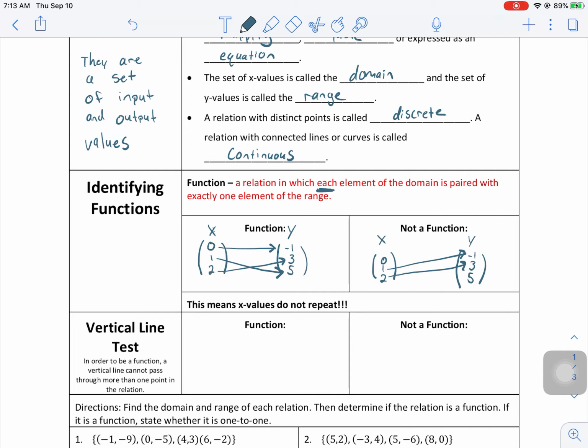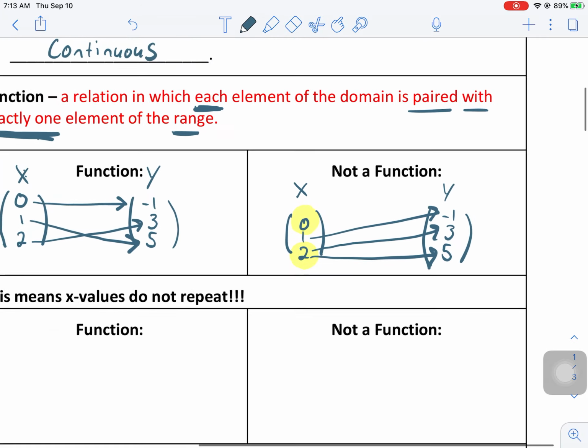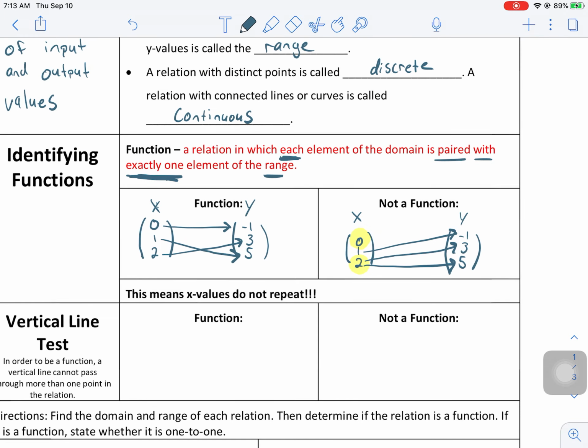That makes something that's not a function. What would also make this not a function is if 2 went to a second value, because it says is paired with exactly one element from the range. So the ways this is not a function are that 0 is not going to anything, and 2 goes to 2 things. Those are 2 reasons that this would not be a function.